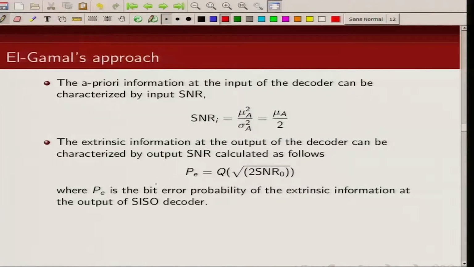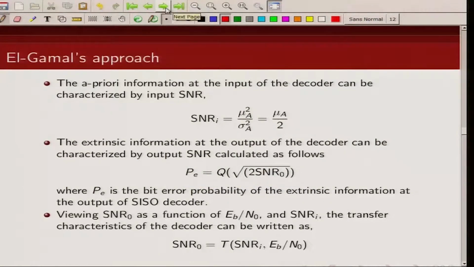And since our output is approximated as Gaussian, we can calculate the output probability of error as a function of output SNR, and they are related using the Q function.